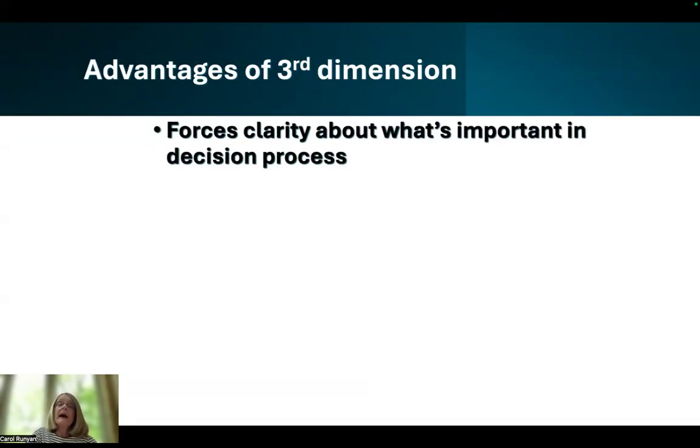So in closing, I think the advantages of using the third dimension and doing it as a group are that it forces clarity about what's important in the decision process in this community, at this point in time, community or setting. I mean, it might be a whole state.